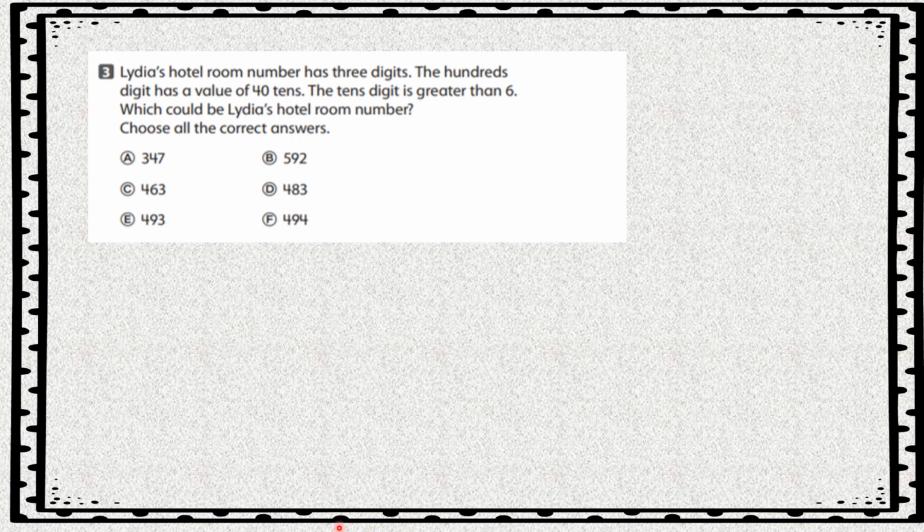Well, let's look at this and we'll go step by step. The first thing I want to know is, what is 40 tens? And if I think about what we've been learning, 40 tens is 400. All right? So I know the number has to be 400.